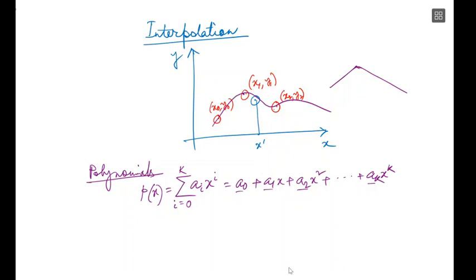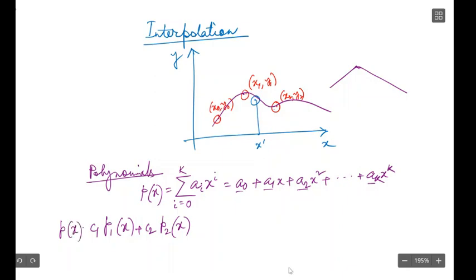Another thing is that if p1(x) is a polynomial and p2(x) is another polynomial, and we take their linear combination c1 p1(x) plus c2 p2(x), where c1, c2 are real numbers, then p(x) equals c1 p1(x) plus c2 p2(x) is also a polynomial.